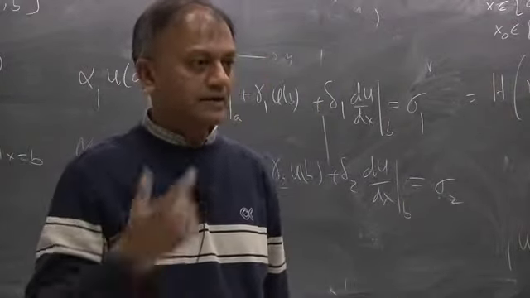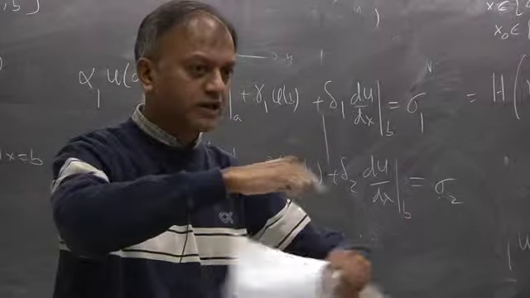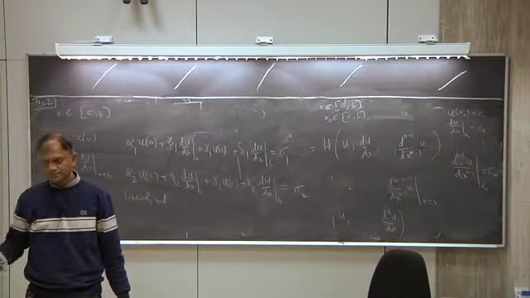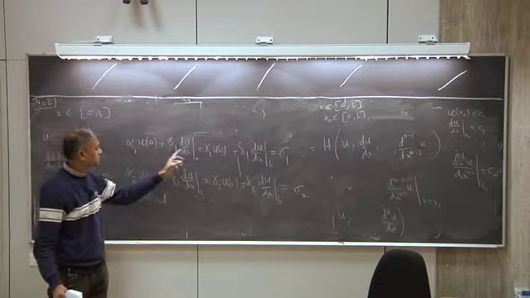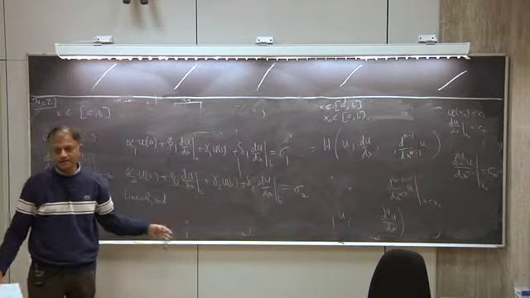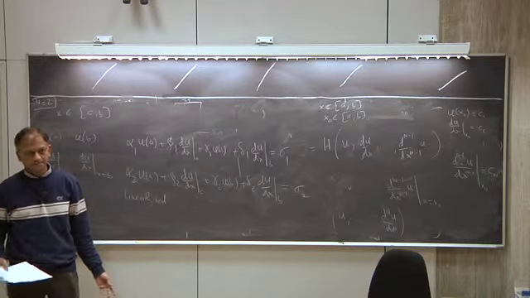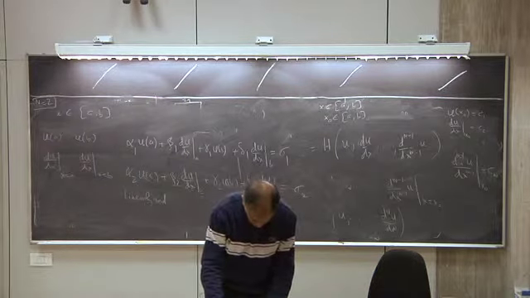That will be Neumann. But in all cases, you need two pieces of information, right? How you distribute that information between point a and b, there are many ways of doing it. And that is what these coefficients alpha, beta, gamma, delta, etc. reflect. You have many different ways of choosing boundary conditions. Okay, so that's that.